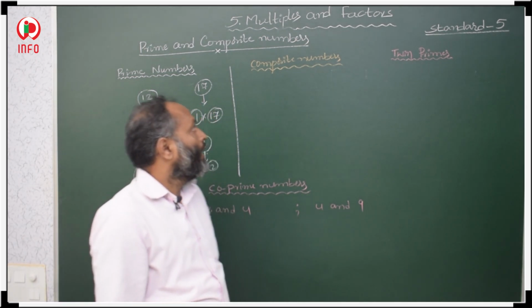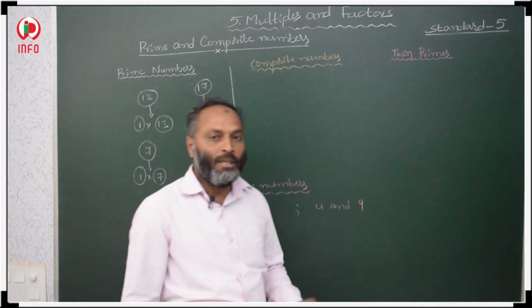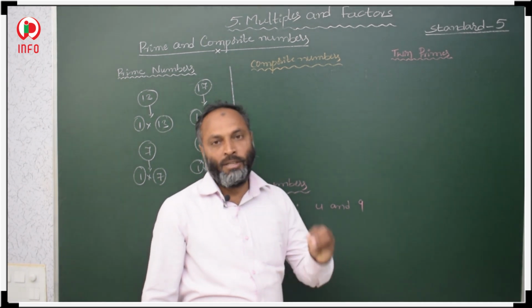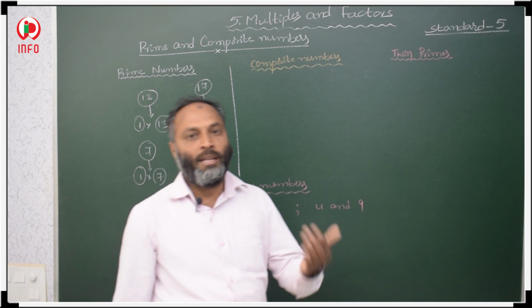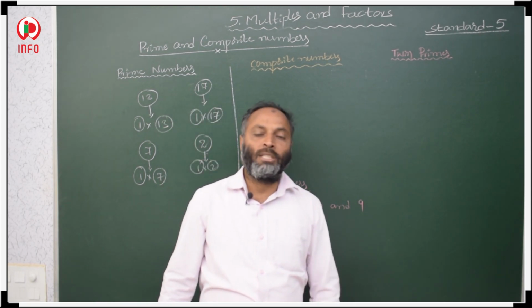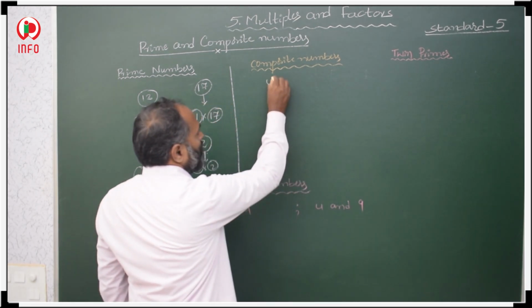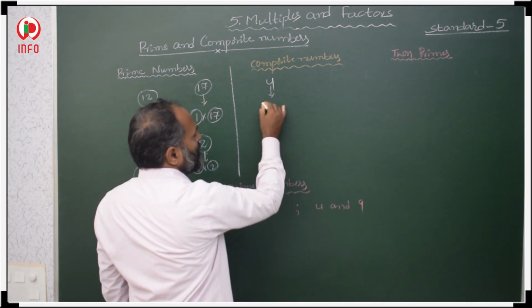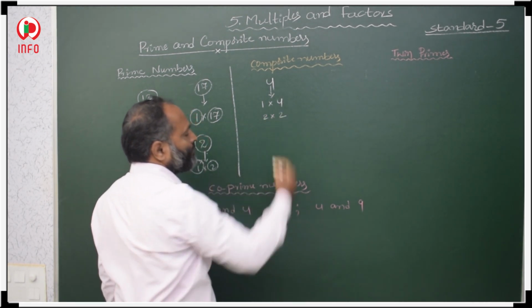Then, about composite numbers. What are composite numbers? Composite numbers are the numbers which have more than 2 factors. Such numbers are called composite numbers. Suppose 4. 1 4 is 4, 4 ones are 4, 2 2s are 4.